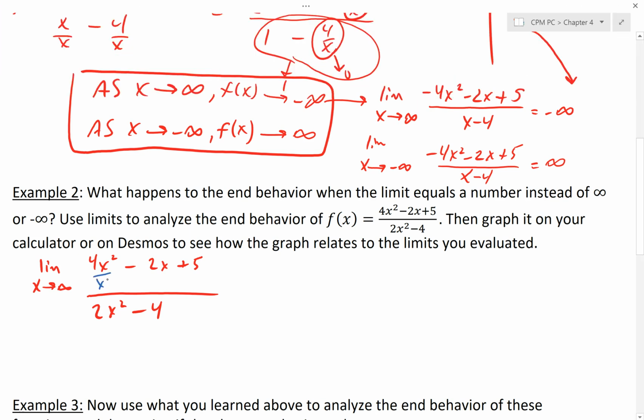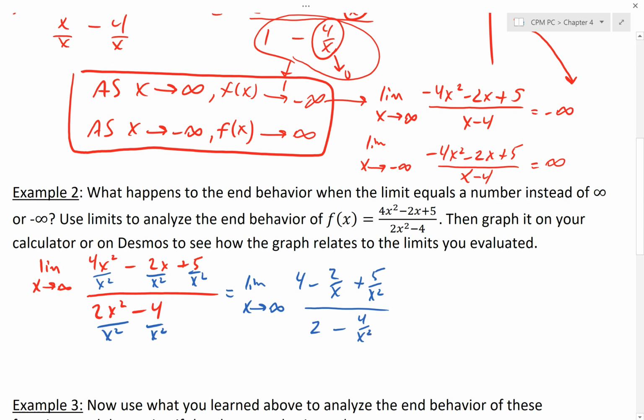And so x squared, x squared, x squared, x squared, x squared. Now when I simplify that, this becomes the limit as x approaches infinity of 4 minus 2 over x plus 5 over x squared divided by 2 minus 4 over x squared.